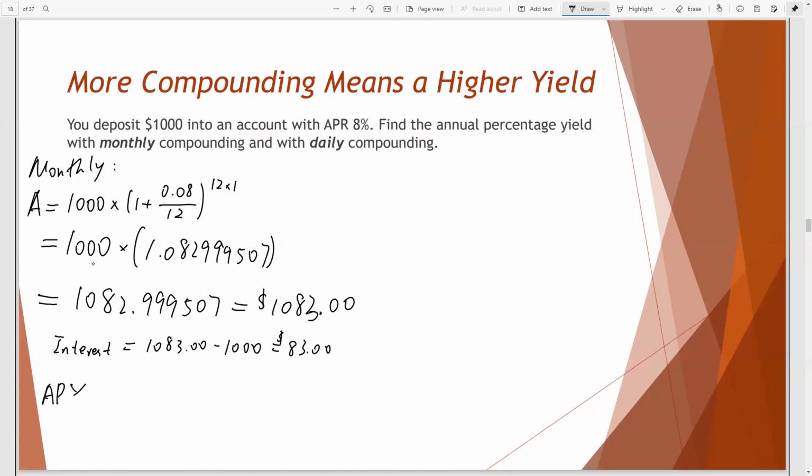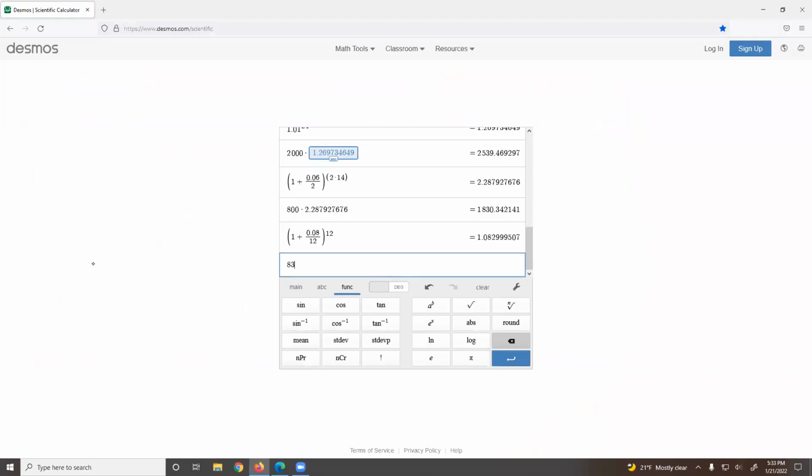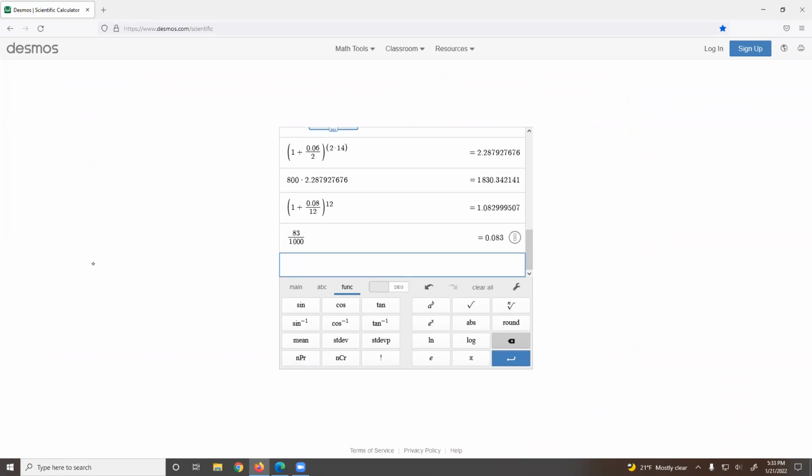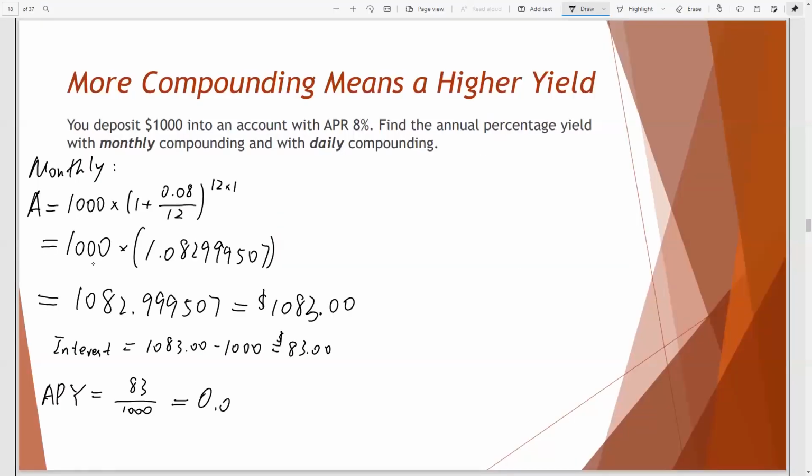And the annual percentage yield is $83 divided by 1,000, which is 0.083, times 100% to get 8.3%. Right, so we have 8.3% for the monthly compounding.